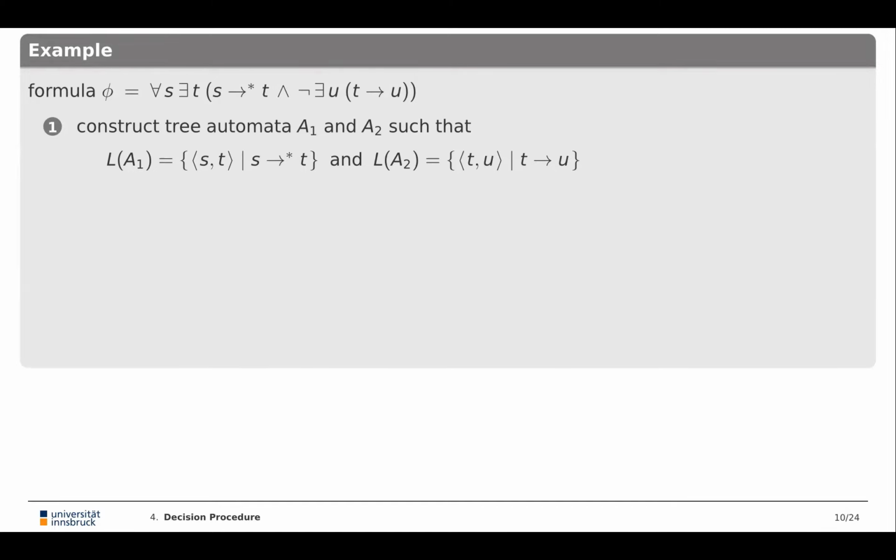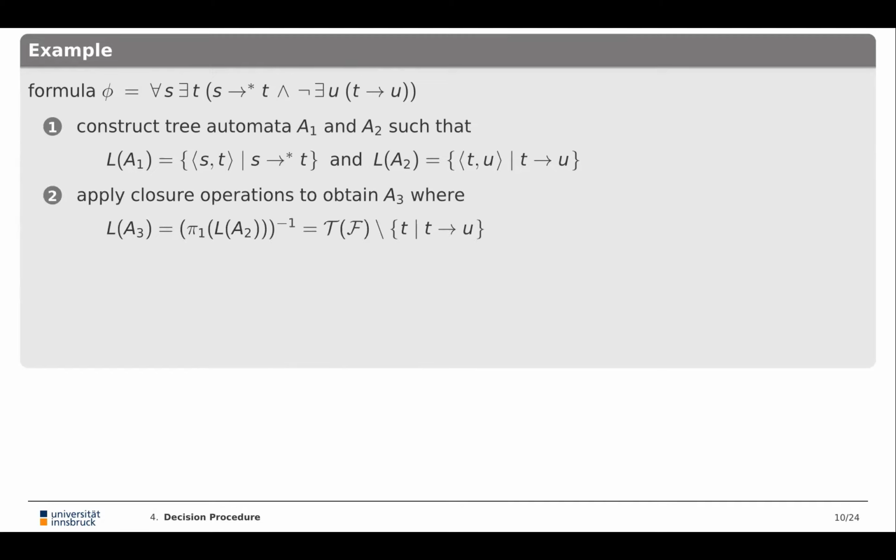To then construct larger parts of the formula, we use closure properties on these automata to move upwards in the formula. Here we start off with the right subformula represented by the automaton A2. And since we first have this existential operator for exists U, we have to project away this U, which is done by this pi1, which projects to the first argument of the binary relation.